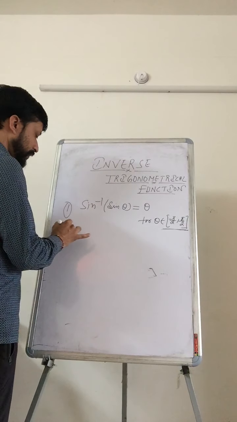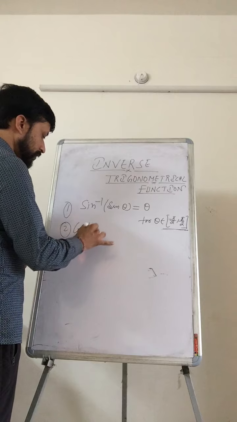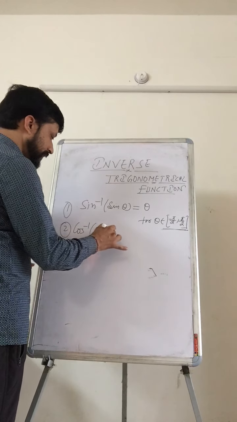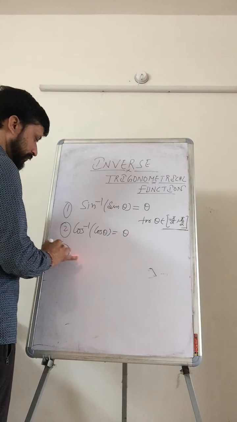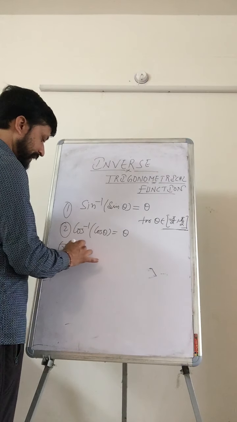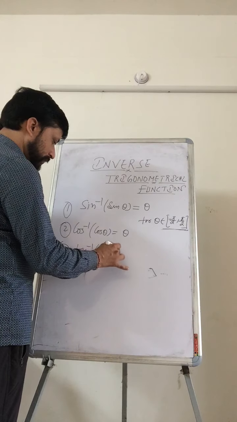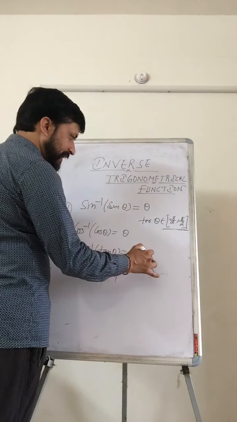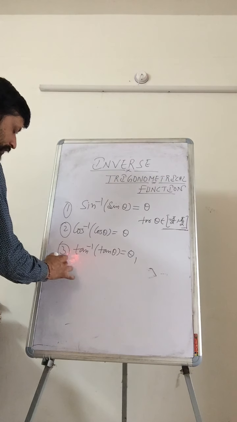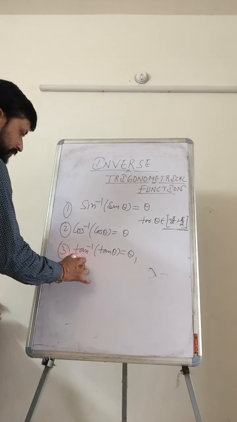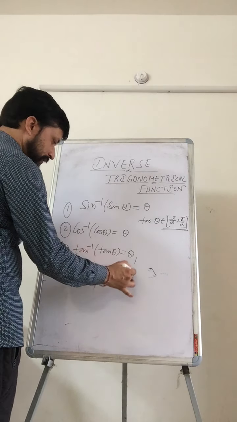Then in the same way we can write the second one. The formula is cos inverse of cos theta, then we can write theta, the same value. Third number is tan inverse of tan theta equal to theta. This is valid for any angle. Now the fourth number is cot inverse of cot theta equal to theta.